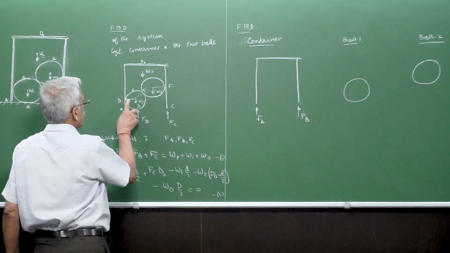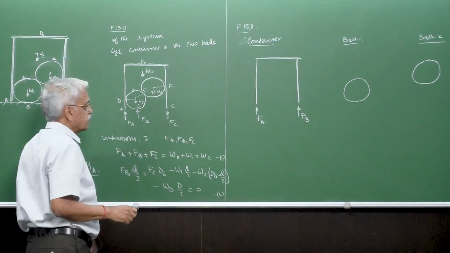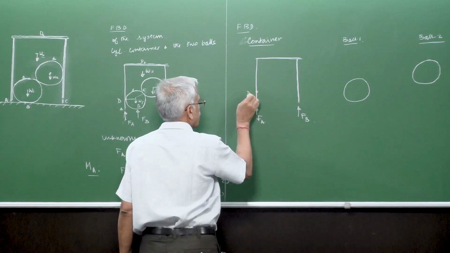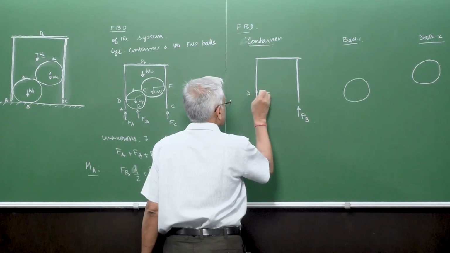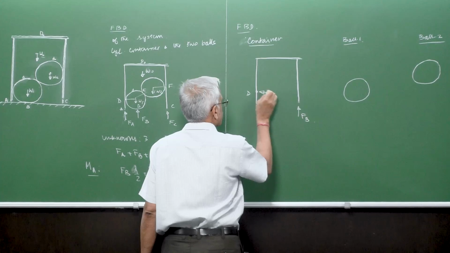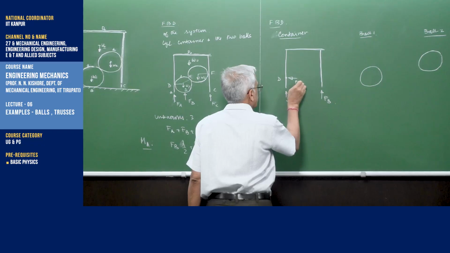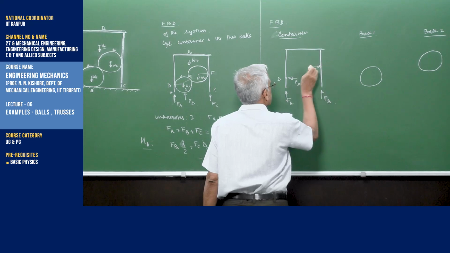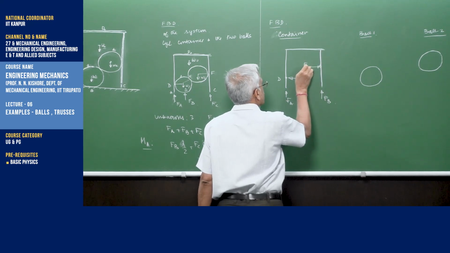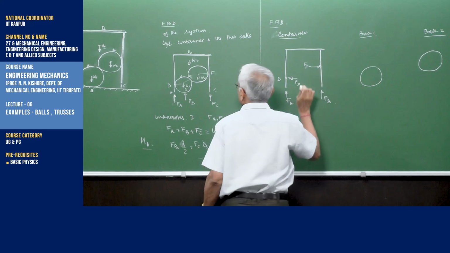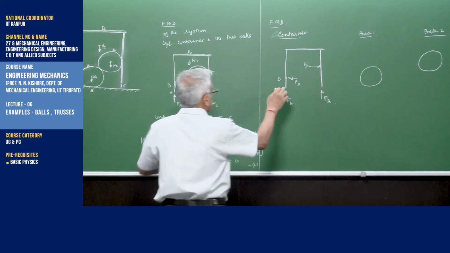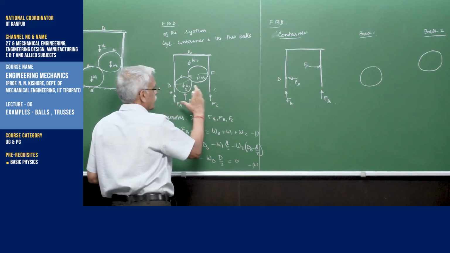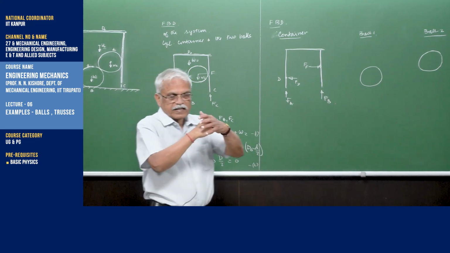So the ball and the container are contacting each other at this point, let us call it D. There is a force here, FD, and similarly there is a force FF at the point F. The normal force is obviously a contacting force, pressing each other.